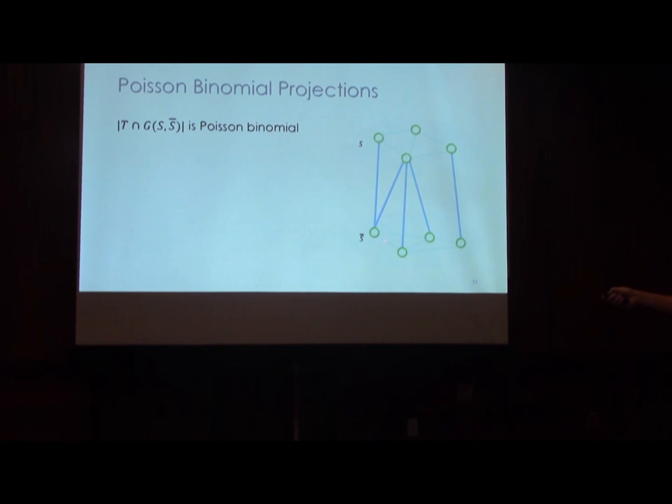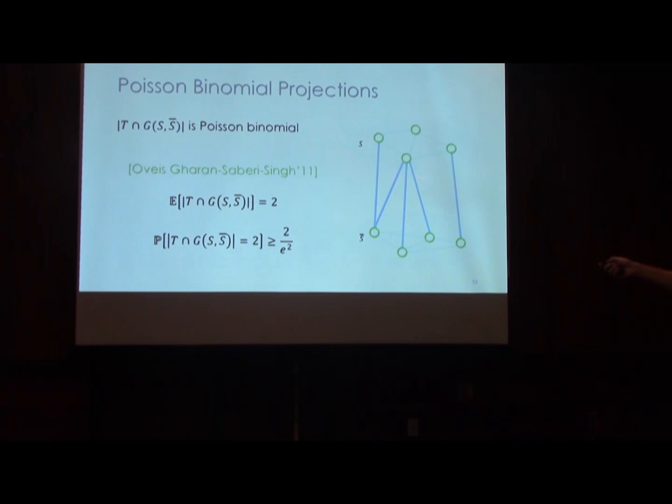I've already briefly talked about this. Any univariate projection of a strongly Rayleigh measure is going to be a Poisson binomial. Okay? By that I mean if you project it and you just count, so you're counting the intersection of your strongly Rayleigh measure with a subset, that count is going to be distributed according to a Poisson binomial, a sum of independent Bernoullis.